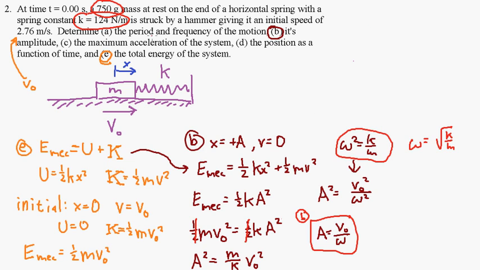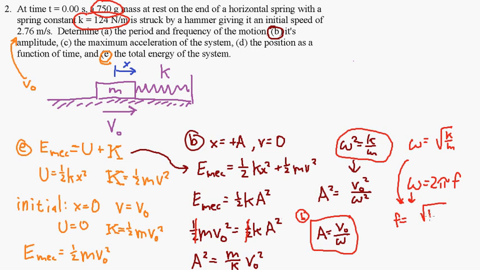We can also find the period and frequency. So you recall omega equals 2 pi f. Okay, so putting these two together, the frequency equals omega divided by 2 pi, and this is our omega here.